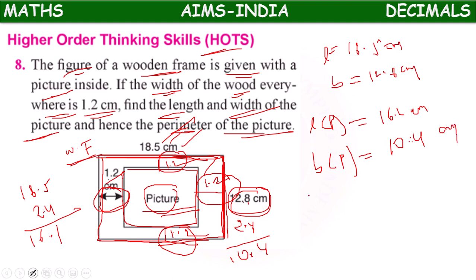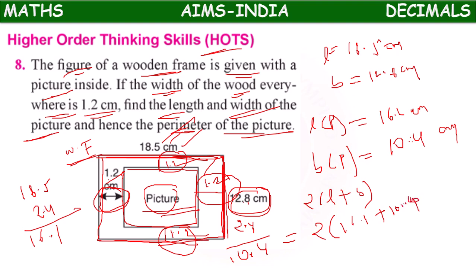So now what? Perimeter of the picture. What is the perimeter formula? Because it is in the shape of a rectangle, 2 bracket length plus breadth. 2 bracket length how much? 16.1 plus 10.4.